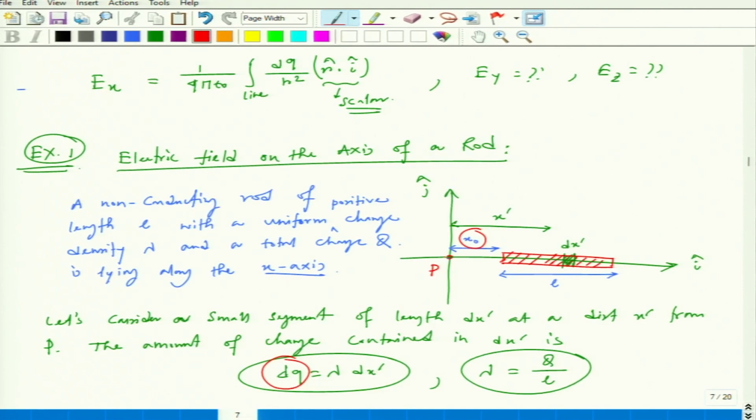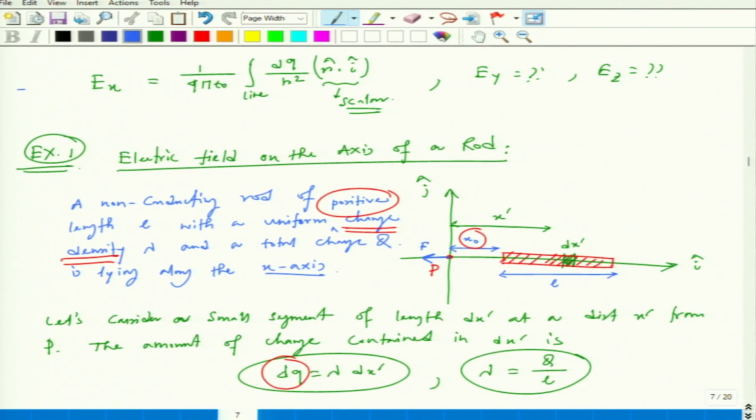First we understand the direction of the electric field at point P. Since we consider a positive charge density, the electric field at P is directed outwards, that means along the negative x axis.